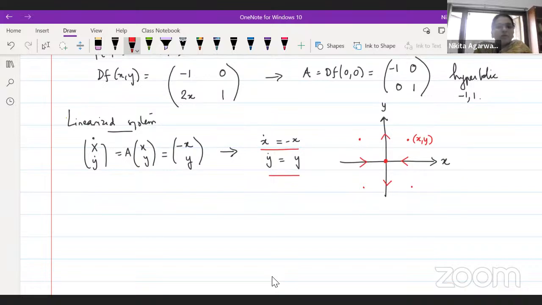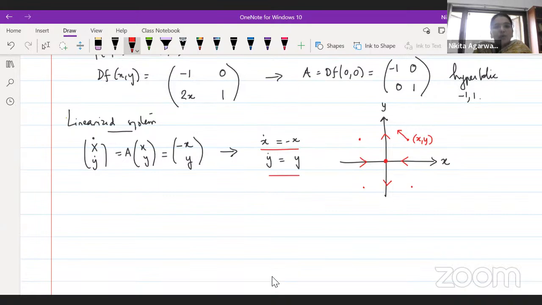Because x is positive, x dot will be negative. So xt is decreasing, but yt is increasing, right? Which means that the tangent direction is going to be in this direction, right? And this is going to happen for all points in the space.